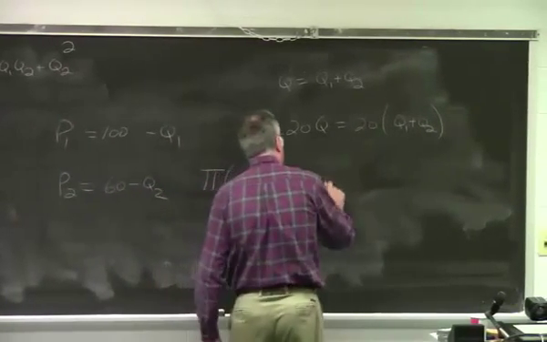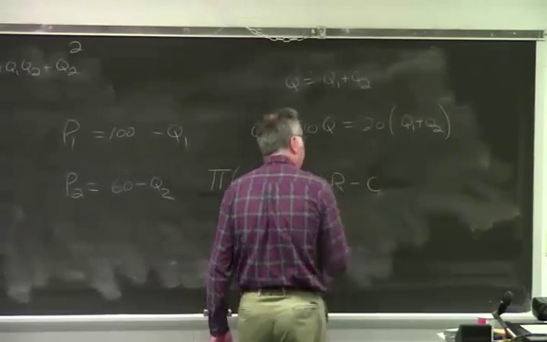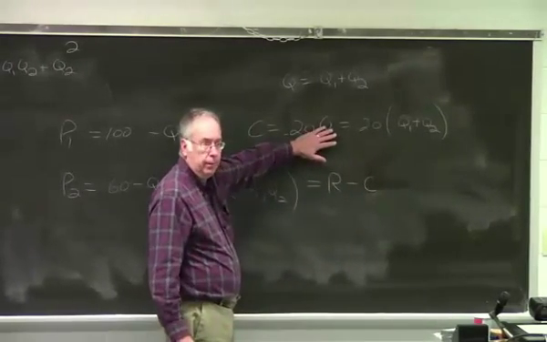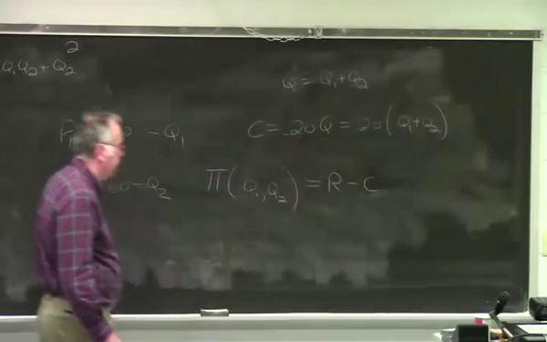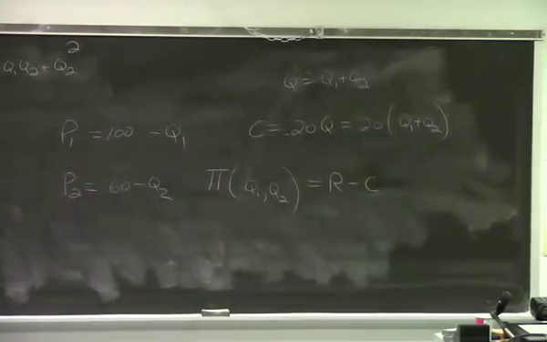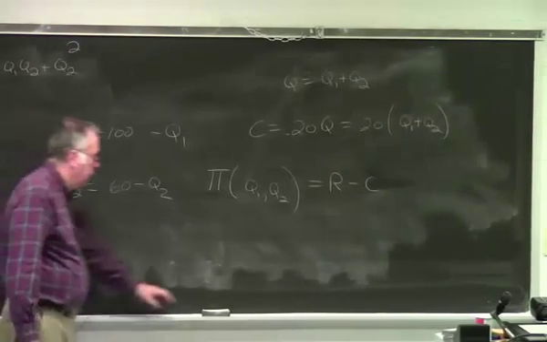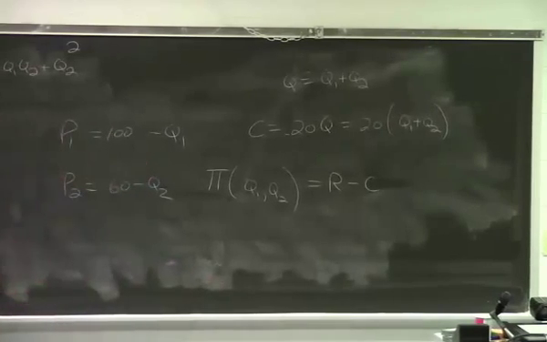Now, the cost function is easy because that was given to you. But what about the revenue function? The revenue function is going to be just a little bit trickier to get. What is the total revenue going to be in this case?